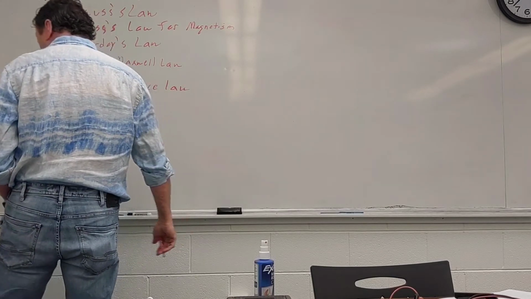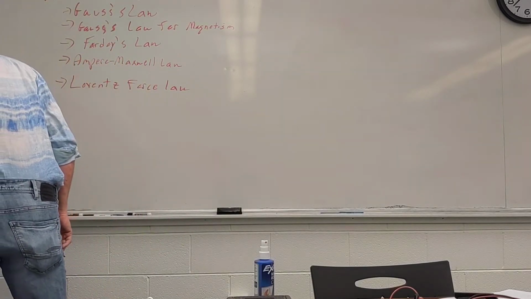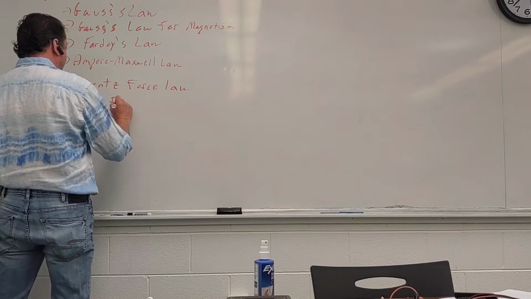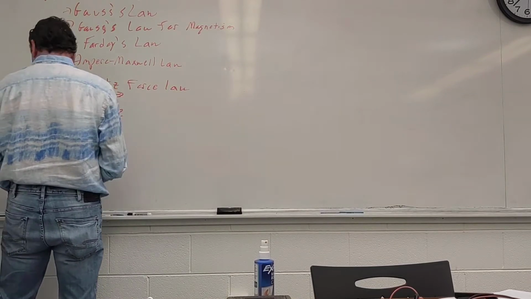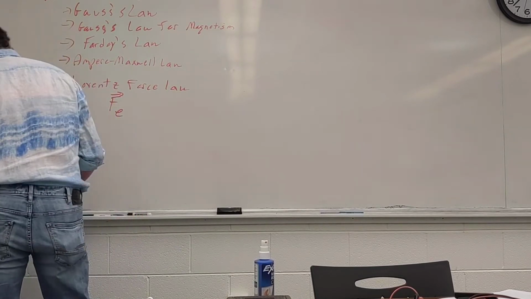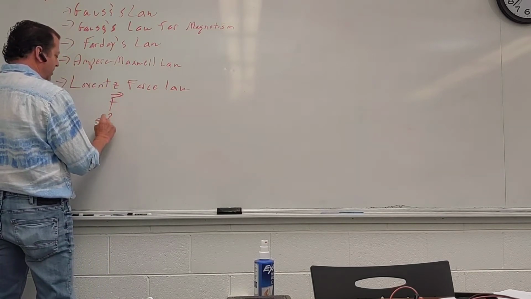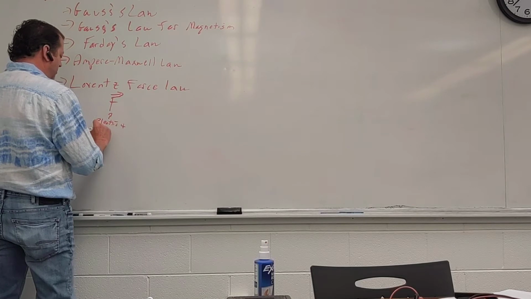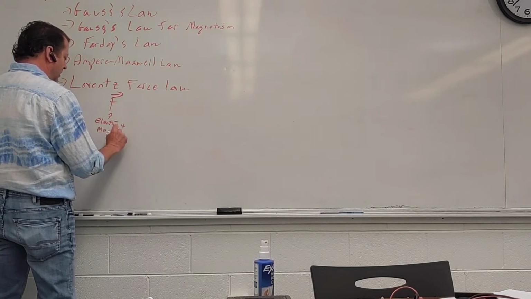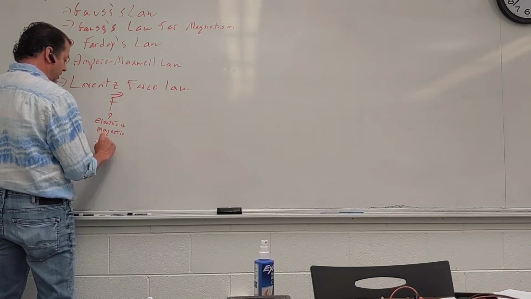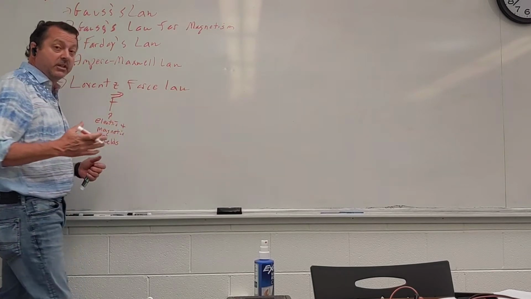I just hadn't really put it together. And that is that the force from the electric and magnetic fields, because when you got one change, the other one shows up.